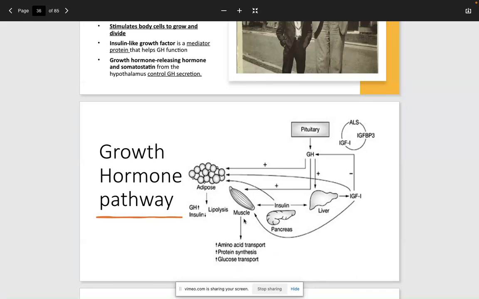It's responsible for all these things here. Amino acid transport. If you guys remember, the amino acids are what? They're the building blocks of protein, so that makes sense. They're going to increase protein synthesis. And remember that in order for things to grow and have energy, they're going to need glucose, so glucose transport as well.